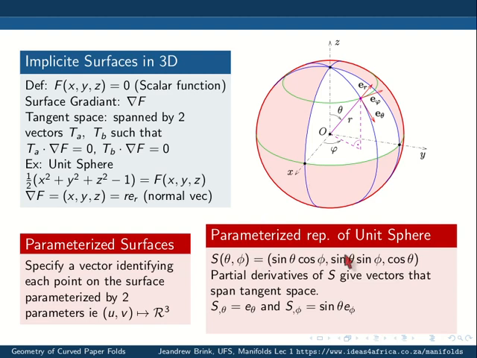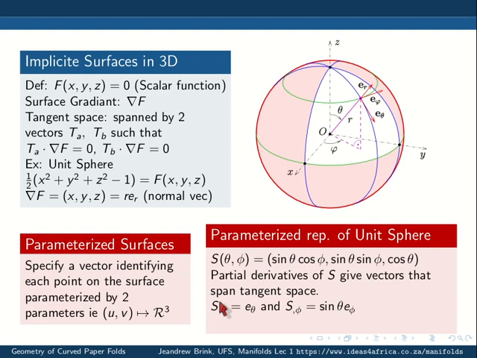And I said if you have this representation, it's very easy to find the tangent space. Partial derivatives of f will give you vectors that span the tangent space. Over here, we have the normal spherical coordinates. Here we have e phi that points along the circle of constant z, this green circle, and you have e theta that points tangent to the circle of constant phi, around like that.